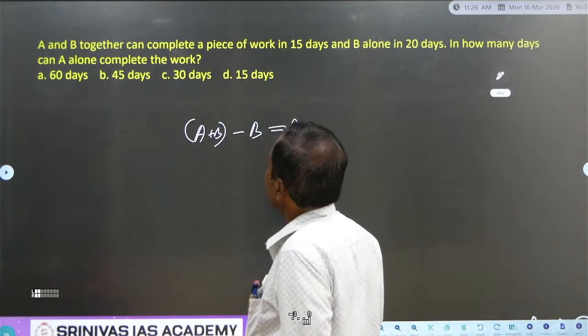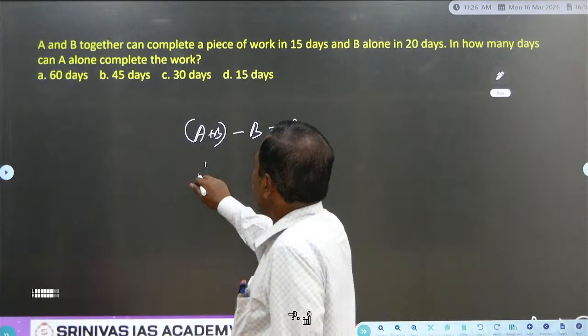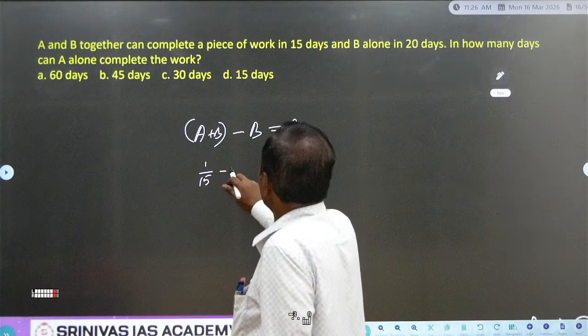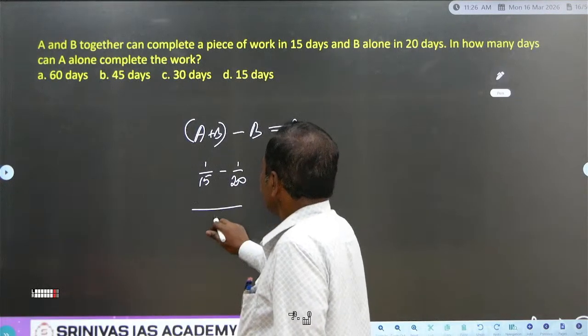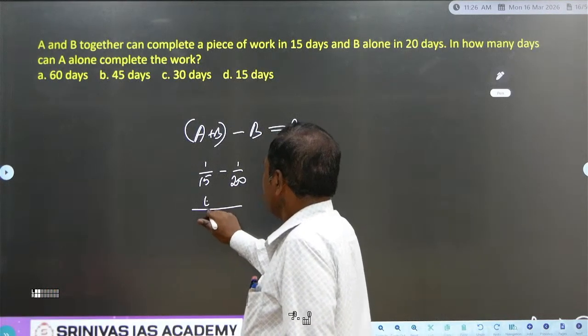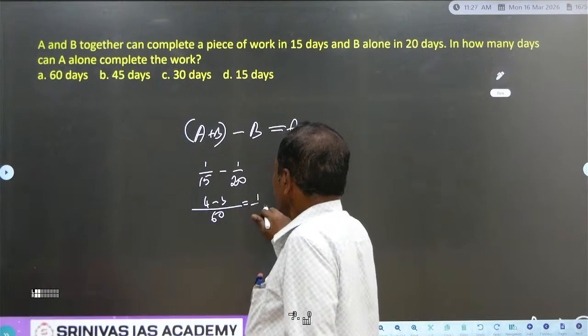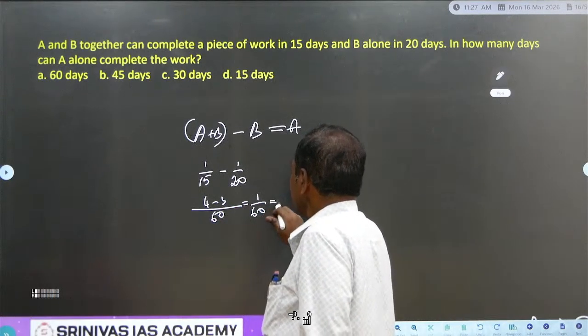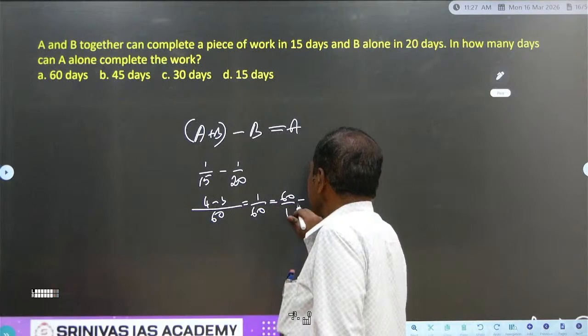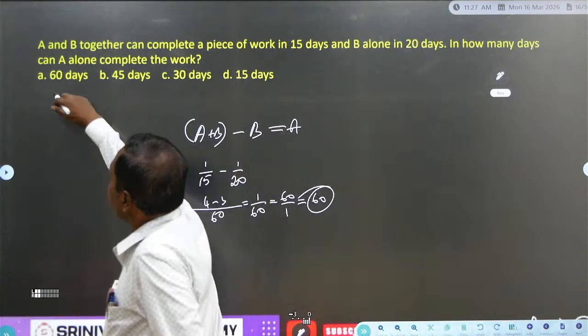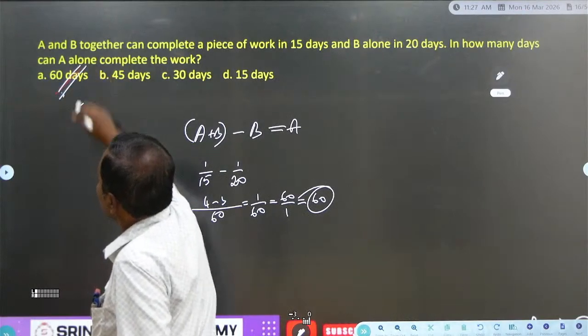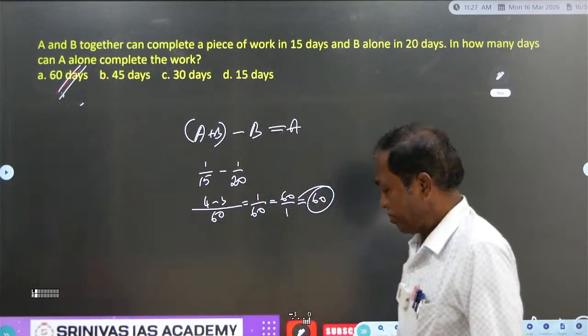Write 1 by 15 minus 1 by 20. LCM is what? 60. 4 minus 3, 1 by 60. Total work is reversing the fraction, so 60. Option A.